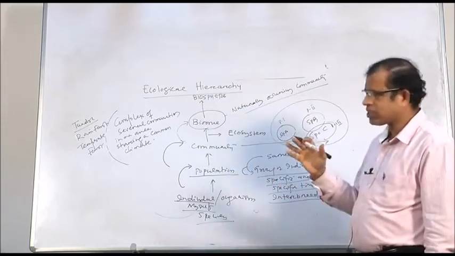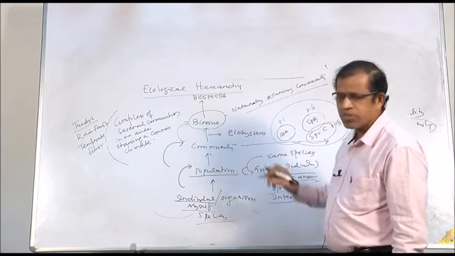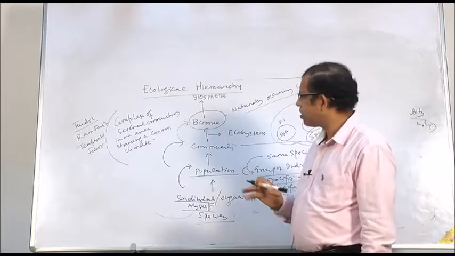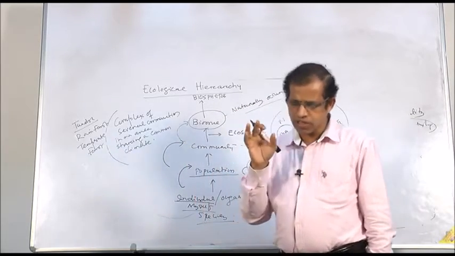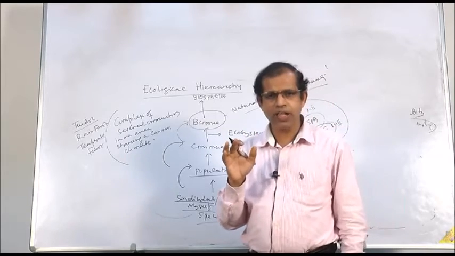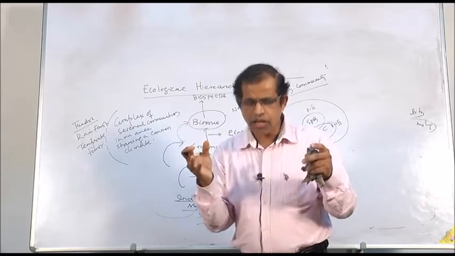Sometimes you will find another terminology in between community and biome, that is called the ecosystem. An ecosystem is a community of different species interacting with one another and with the non-living.